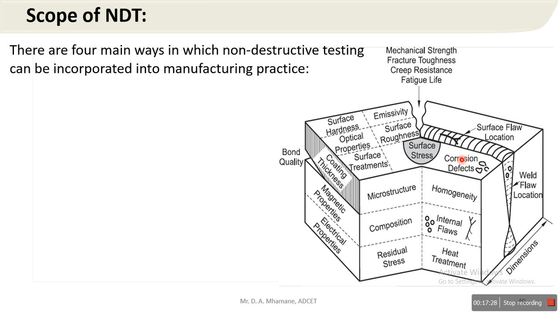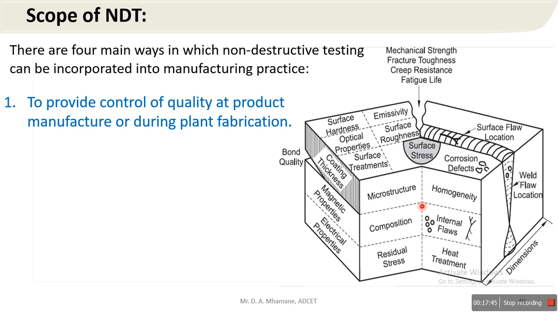Scope of NDT. There are four main ways in which NDT can be incorporated into manufacturing practice. If you see this picture, each and every term represents the scope of NDT. First, to provide control of quality at product manufacture or during plant fabrication.